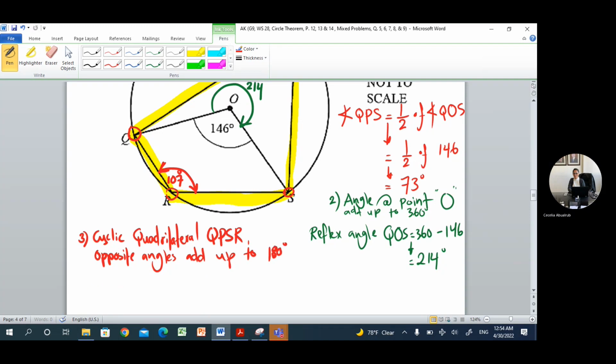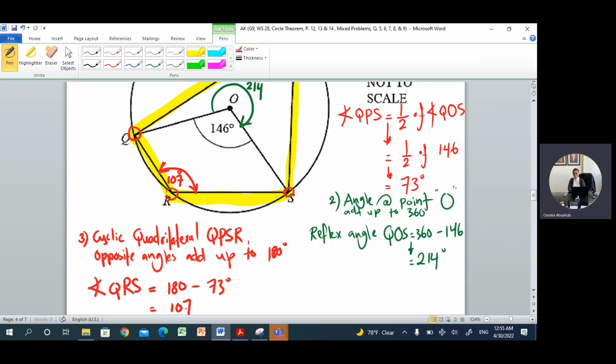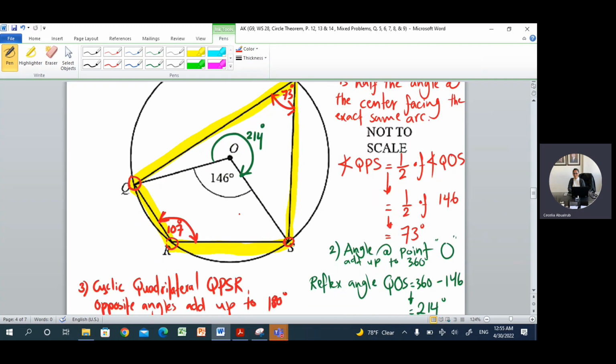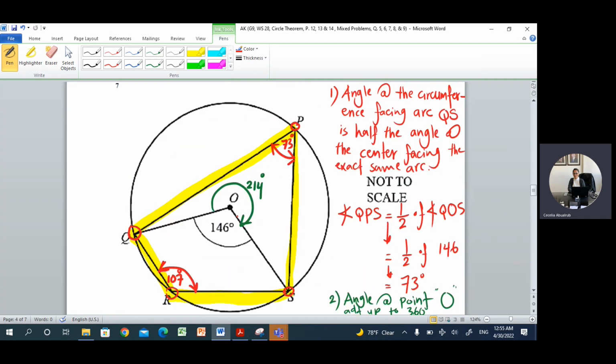Accordingly, angle QRS is equal to 180 minus 73 degrees. And the answer for this angle will be 107 degrees. That's basically all the angles that we can find based on what's given in this question.